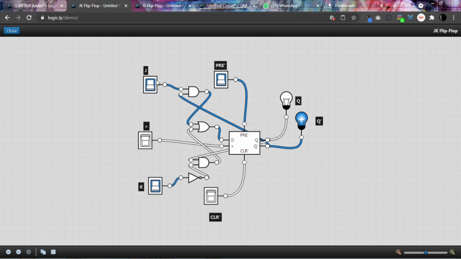And likewise, during the reset state we get 1 0.